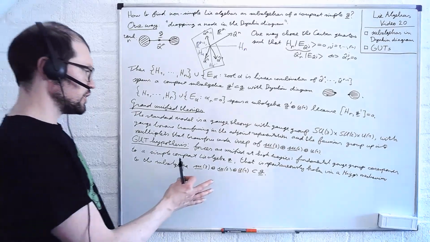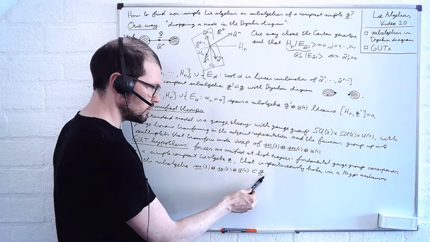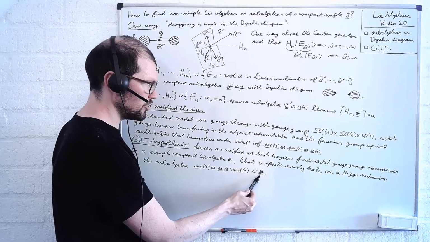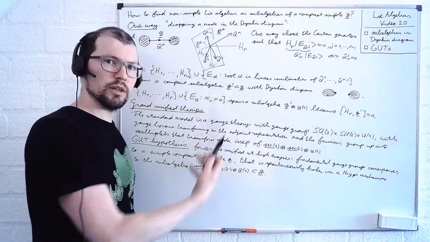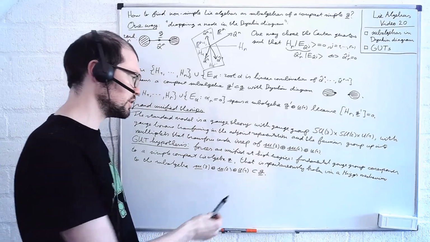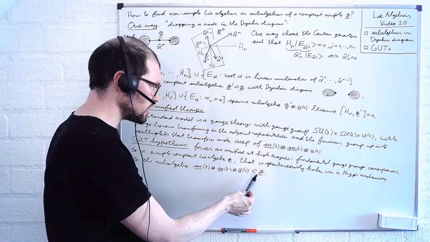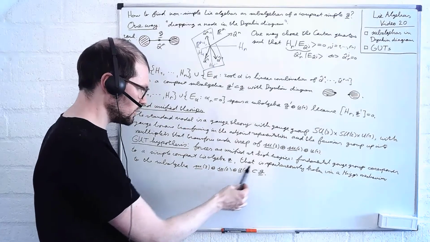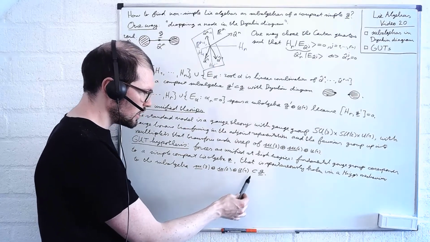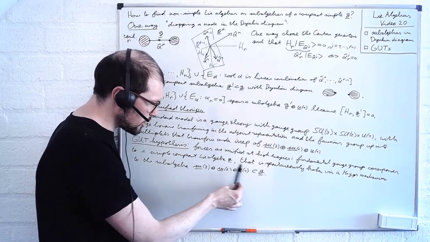So if we want to understand what are the options for the compact simple Lie algebras that may describe a more fundamental force in nature, we have to understand which of these compact simple Lie algebras can actually harbor a subalgebra of this form.